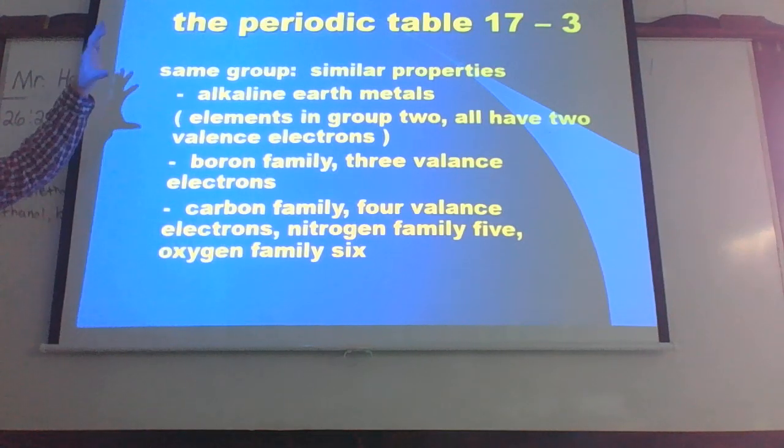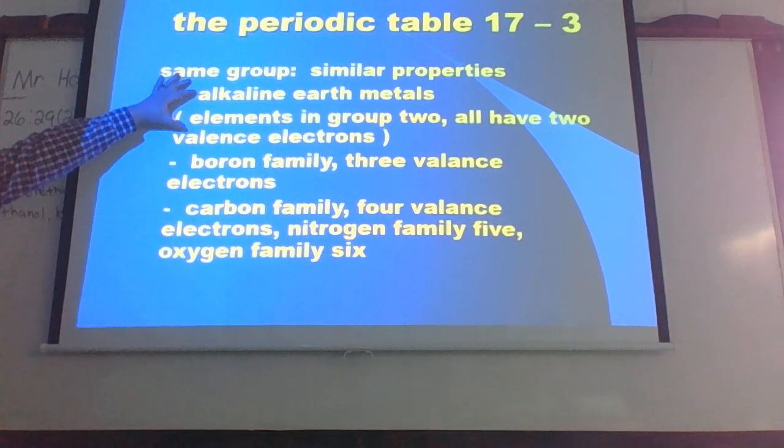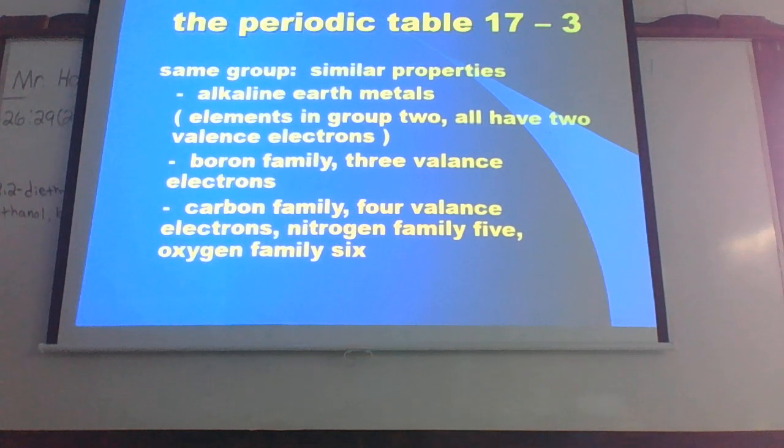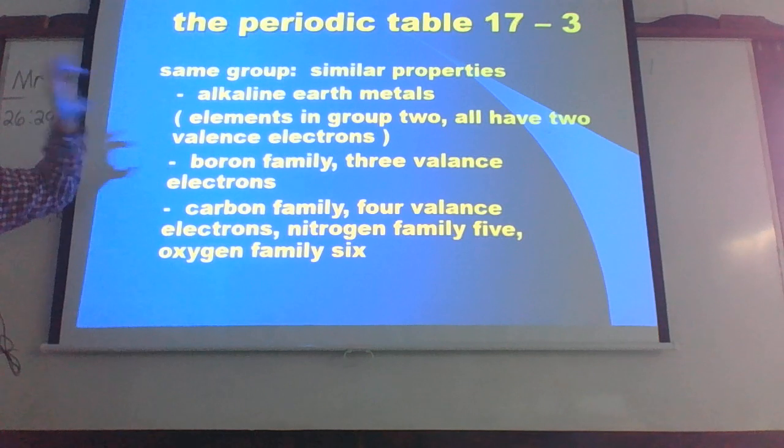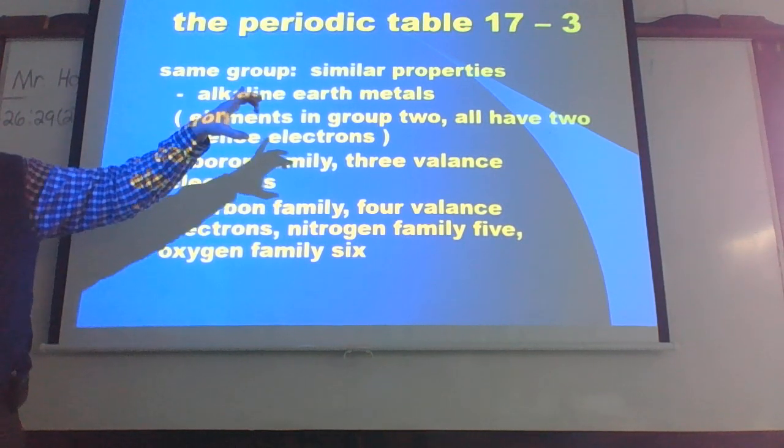So as far as specific names, there's really only 4 that have a specific name. Column 1 and 2, alkaline earth metals. Then column 8, which is your noble gases, and then column 7 has a specific name, the halogens. That's right. Okay? So otherwise, columns 3 through 6, you just call them the top element in that group.